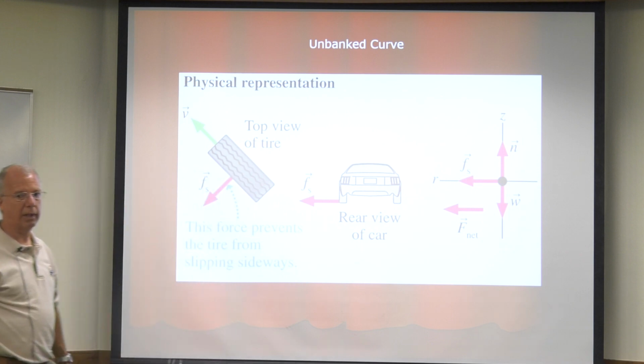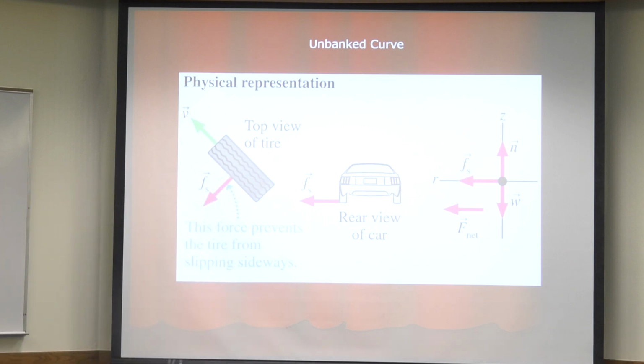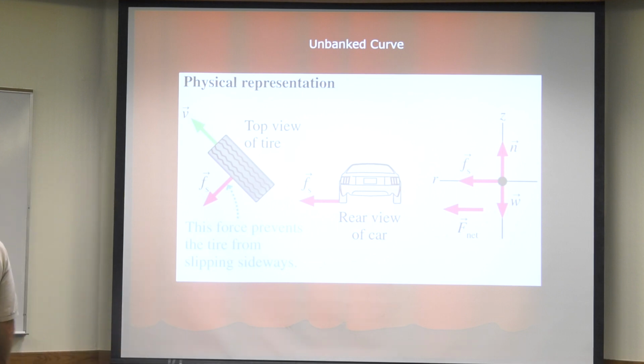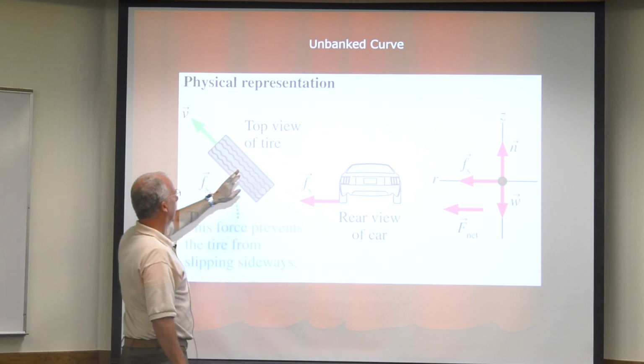It's friction, right? Static friction, hopefully. Have you ever tried to take a turn on ice? Doesn't work really well. So it's static friction. Okay, so here are some beautiful pictures. This is the top view.